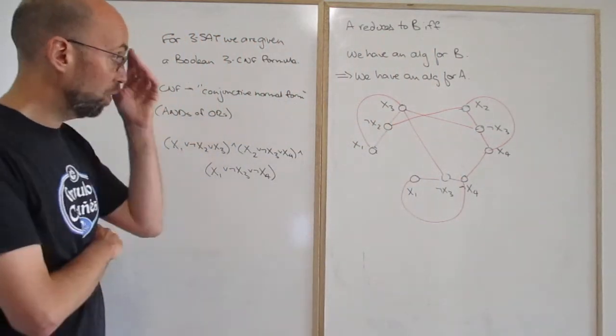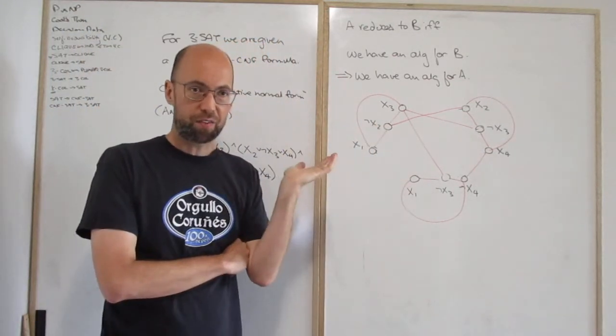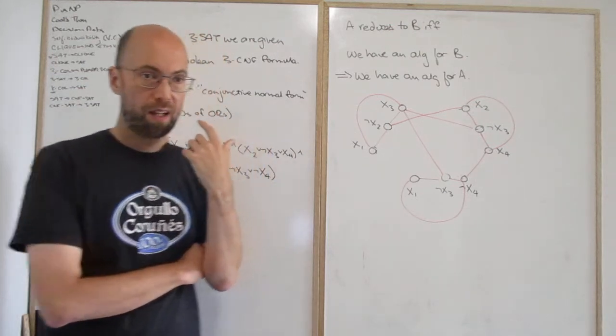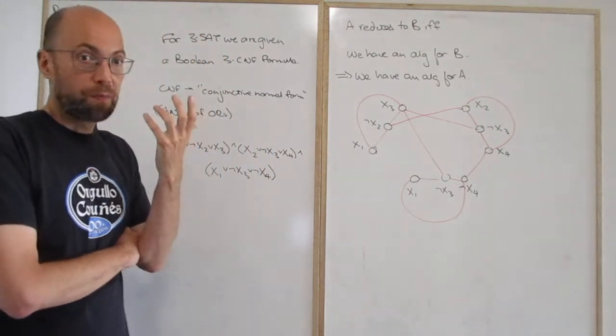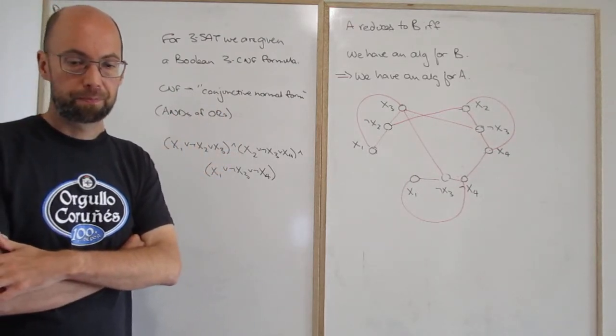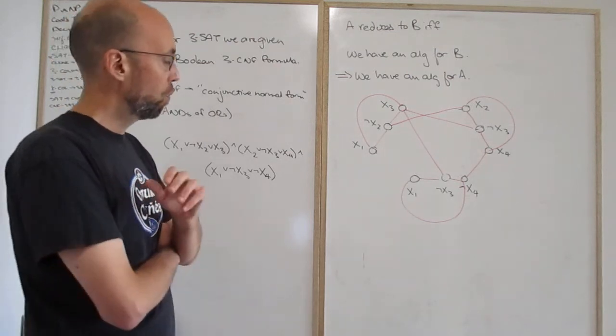Okay, so now I'm going to argue, if there is an independent set of size k, where k is the number of clauses, then there is a satisfying truth assignment. Okay? So that's what we want to argue. Why is this true?